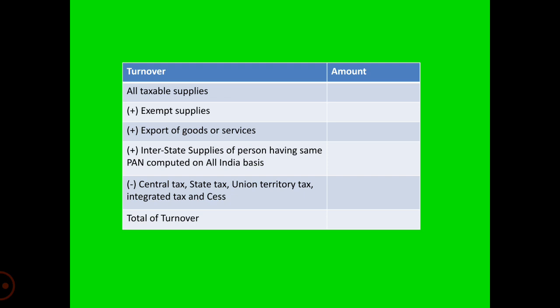And this amount excludes the inward supplies on which a person has paid tax on a reverse charge basis, because either as per the provisions of the GST law he has to pay, or the supplier is unregistered. Therefore, all taxable supplies include exempt supplies, export of goods or services, and interstate supplies, and exclude all these taxes. This is aggregate turnover.